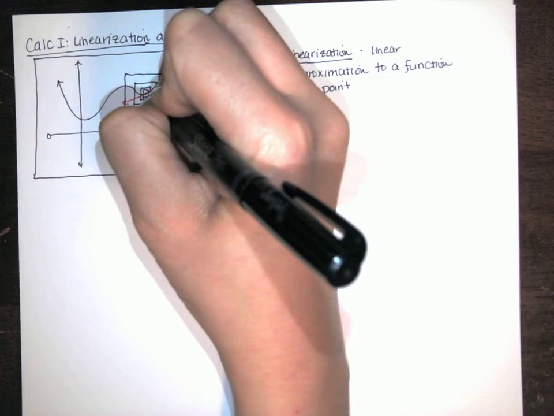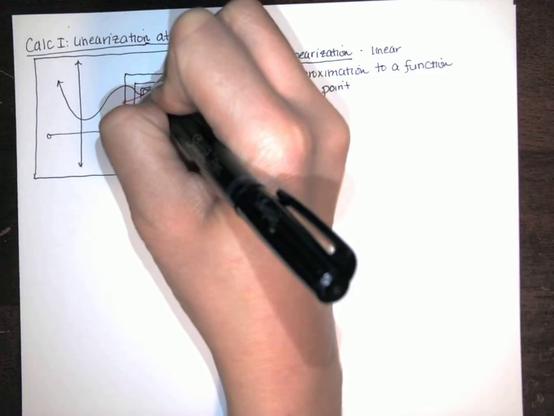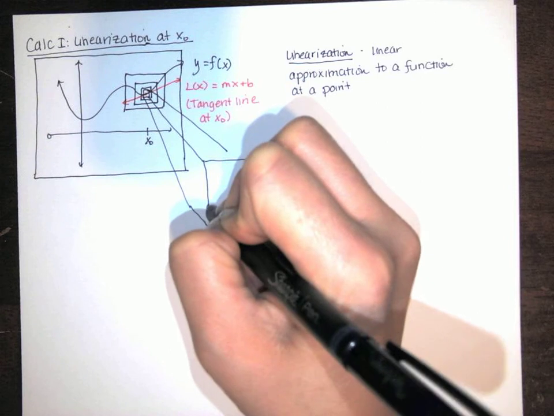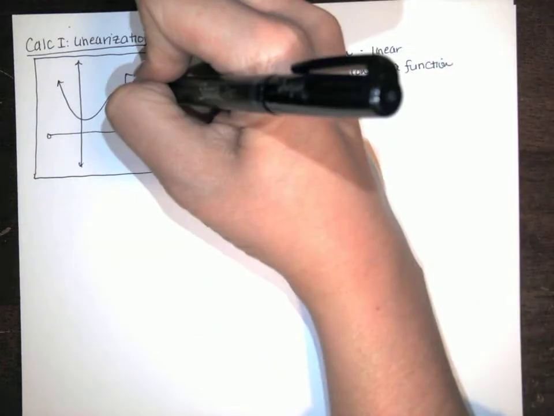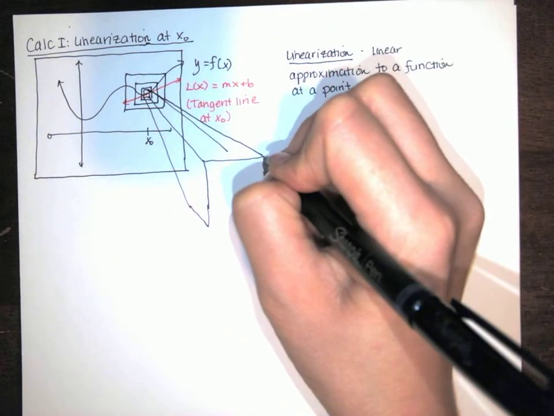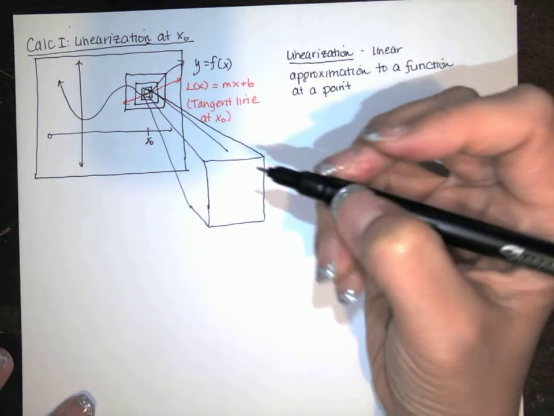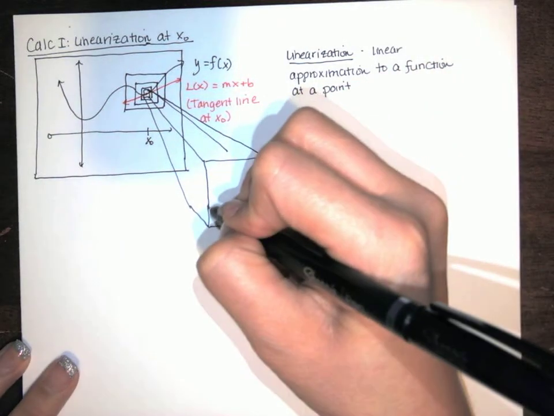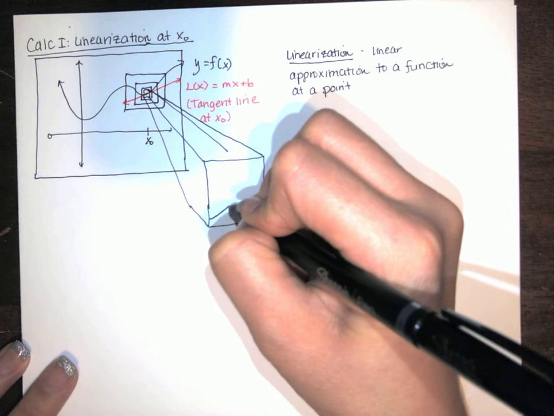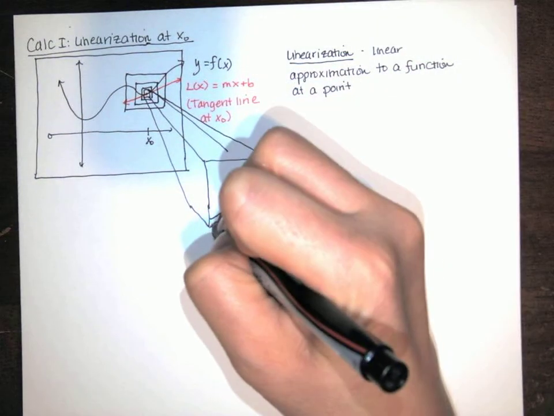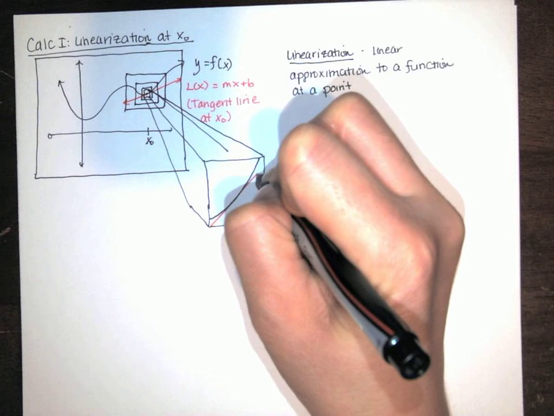Eventually, you look at your calculator screen and you're seeing something like this. I did not do a very good job with this. Here we go. So you zoom in and you see, here's the curve. And there's the tangent line.